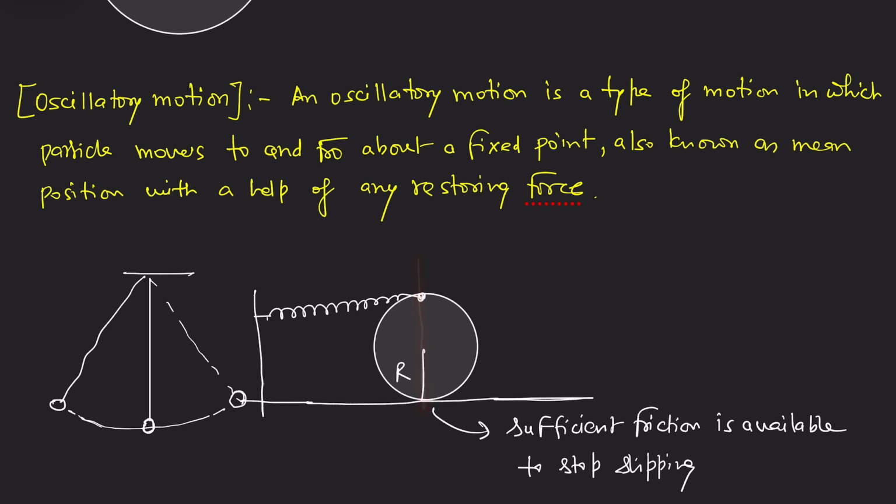Now if you displace it here, the spring will pull it back, and when it pulls it back, the spring is going to get compressed because of the inertia, and then it will push it back. So this kind of oscillatory motion is going to happen. The sphere from the bottom will not move, only it will move like this, okay. So this is also an example of oscillatory motion.